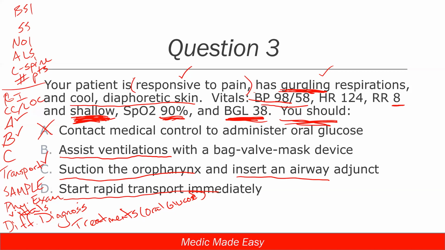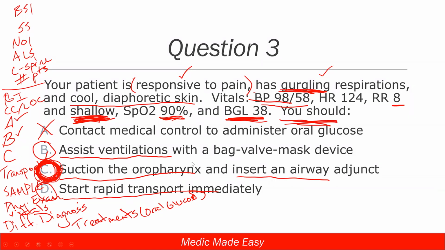So what you should do first is going to be C, suction the oropharynx and insert an airway adjunct. Right? I have to deal with A first, and then I'm going to go to B, and then I'm going to go to C, or D rather, right? But I have to deal with airway first, right?